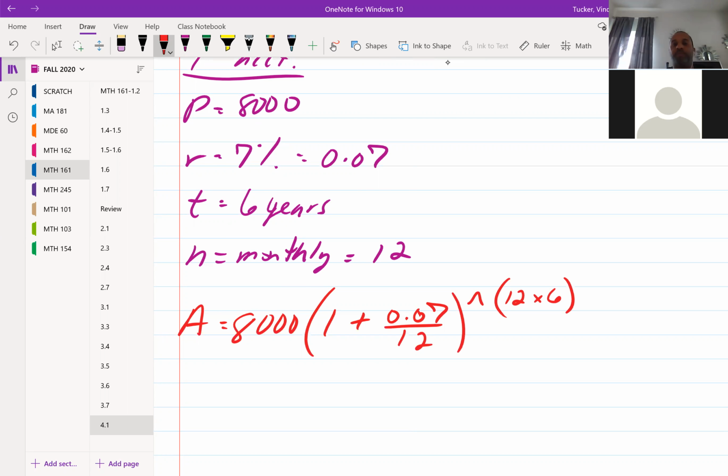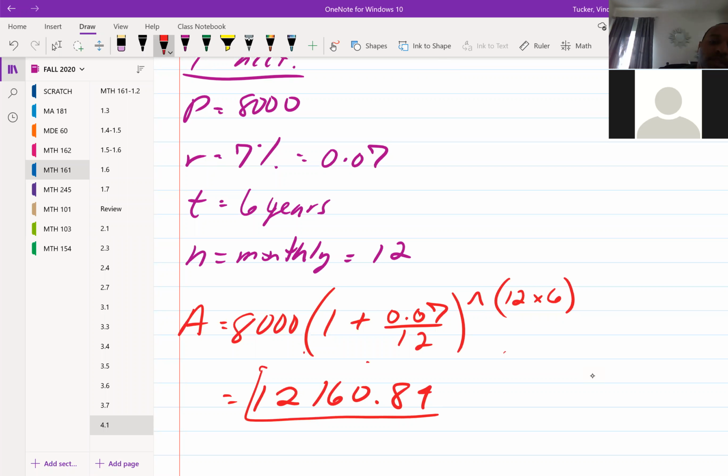Depending on the type of calculator that you have, you could put it in just like that. If not, then you have to follow order of operations: do the inside of the parentheses first, then raise it to the power, then multiply. But if you have a calculator that allows you to put parentheses, you can put it in just like this. And that will be $12,160.84. All right, so that's coming out of the first account after 6 years.